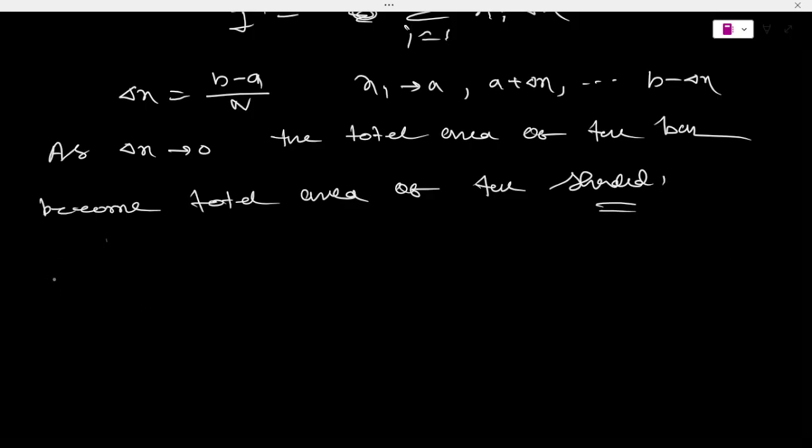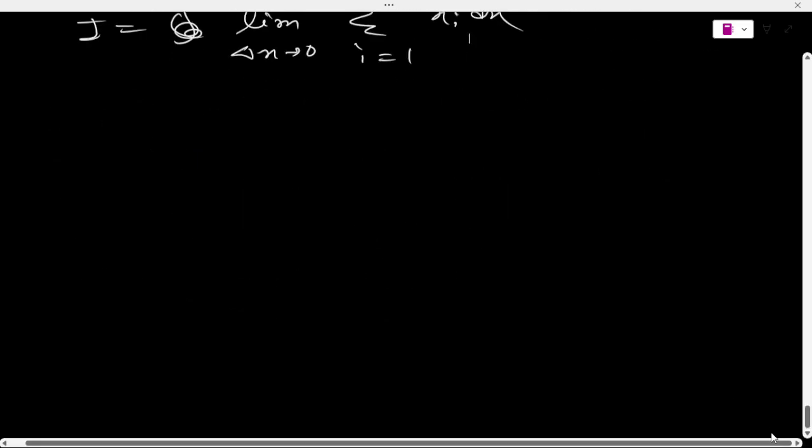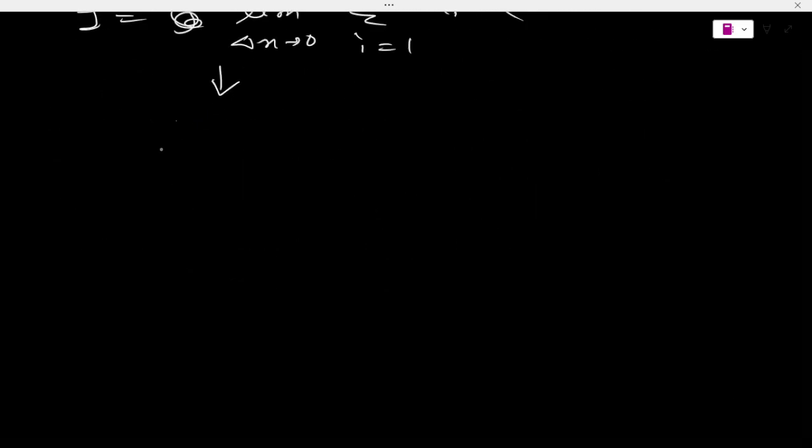Now the required integration, we already said, is the limit as Δx tends to 0 of the summation of i = 1 to n of f(xi)Δx. We represent this as the integration from a to b of f(x) dx.